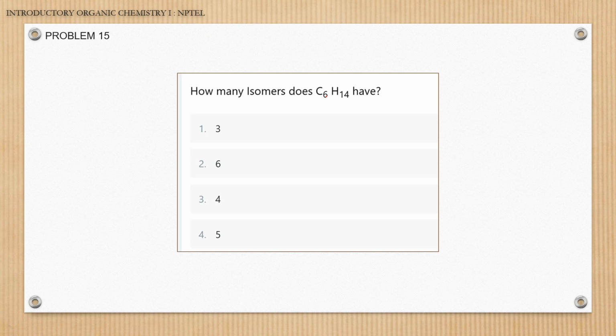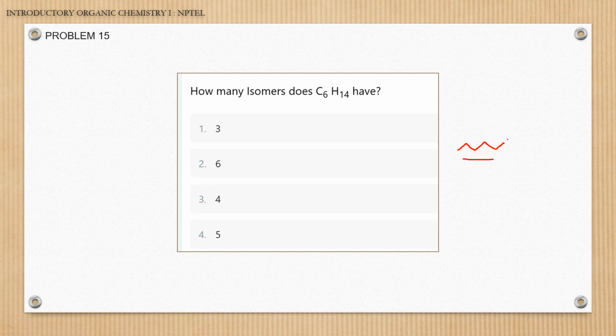Anyone? I thought it was a simple question, guys. You have to find the isomers of the hexane molecule. What is hexane? This is the hexane molecule.